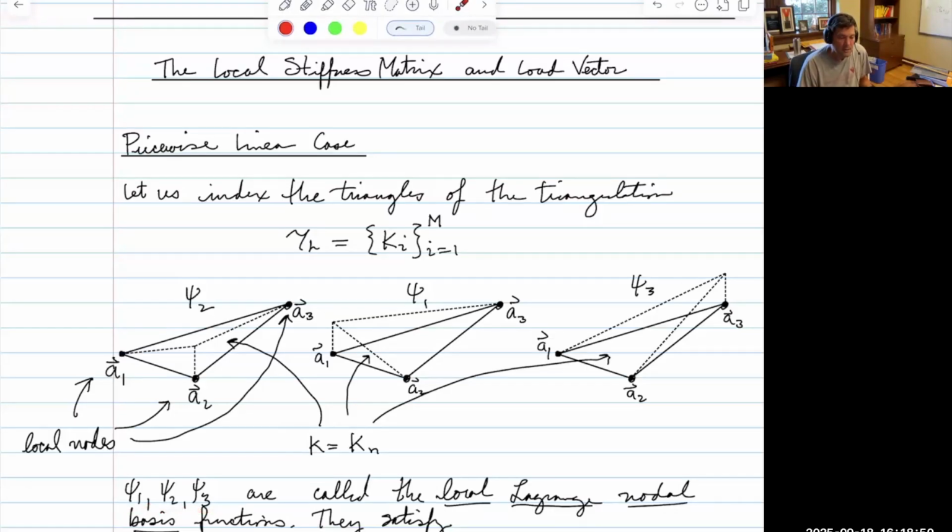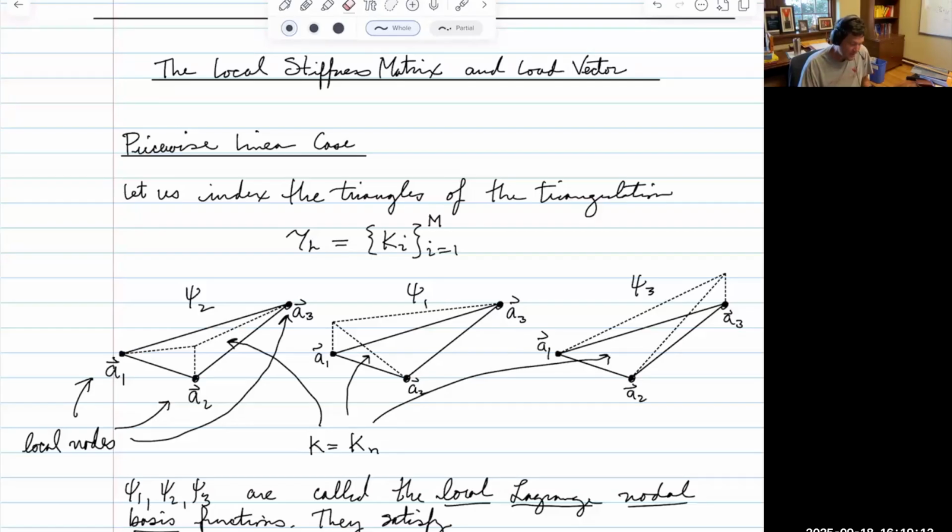Remember, our global basis functions were denoted by phi, right? So phi 1, phi 2, phi 3, phi 4, 5, 6, 7. Those are the global Lagrange nodal basis functions. But we also have something called local Lagrange nodal basis functions.